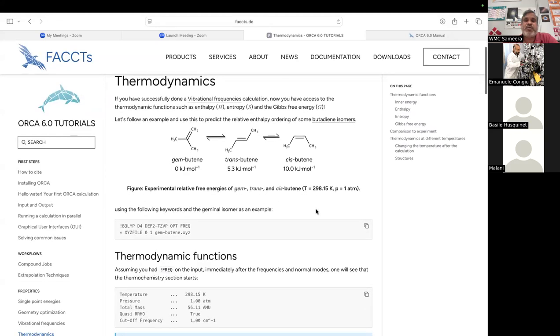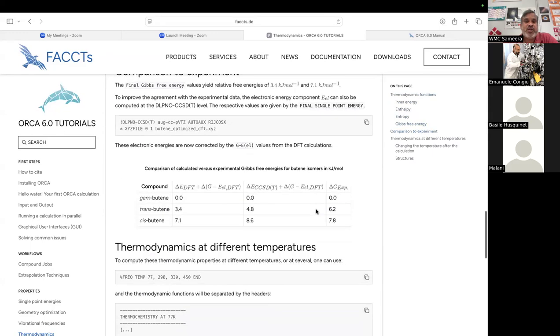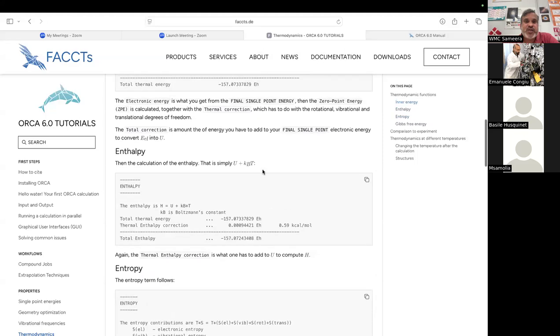we have the experimental energy difference. So we have the experimental Gibbs free energies, so you can compare computed Gibbs free energies and experimental Gibbs free energies. So it is quite simple actually.